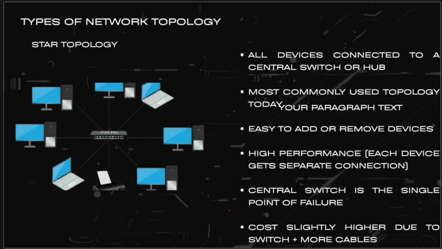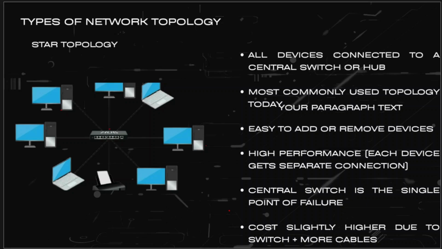Your phone, your laptop, and your smart TV are the points of the star. If your phone loses Wi-Fi, does your TV stop working? No, right? So this is the advantage. Why it wins is fault tolerance. If one cable breaks, only that one device goes offline. The rest of the network stays perfect.